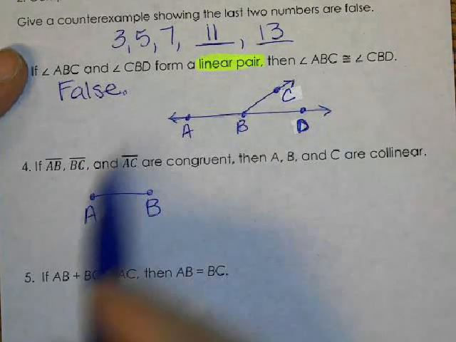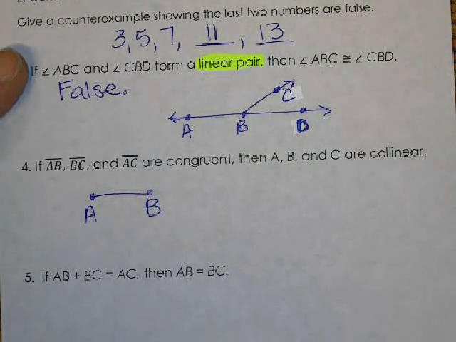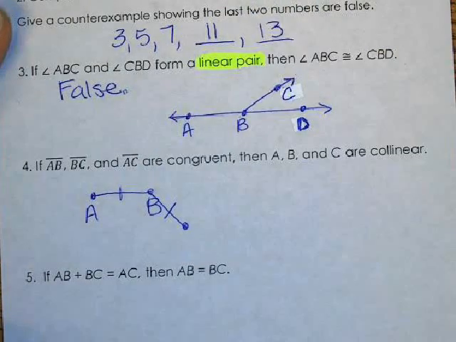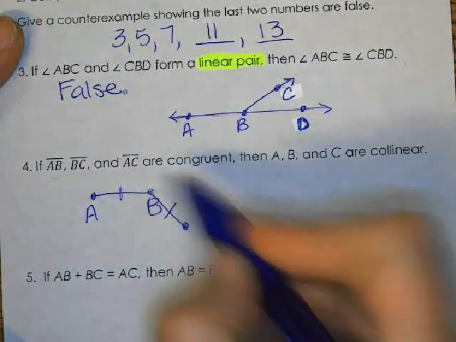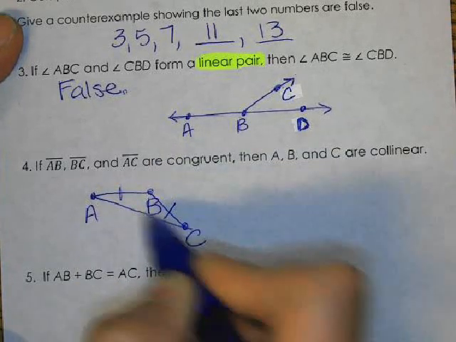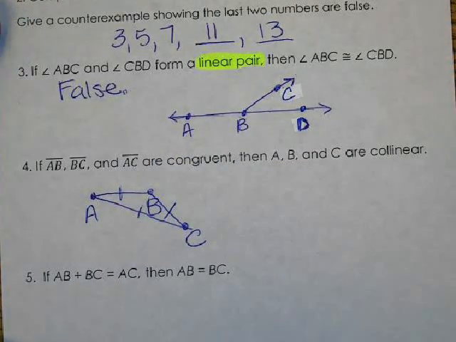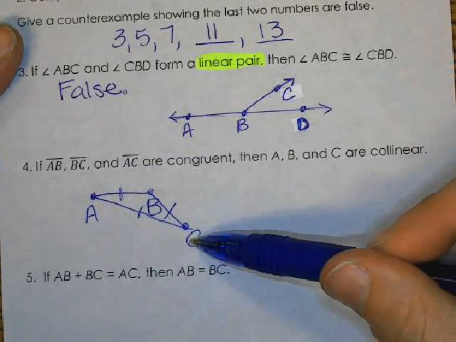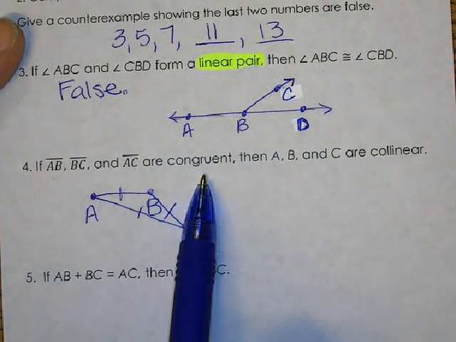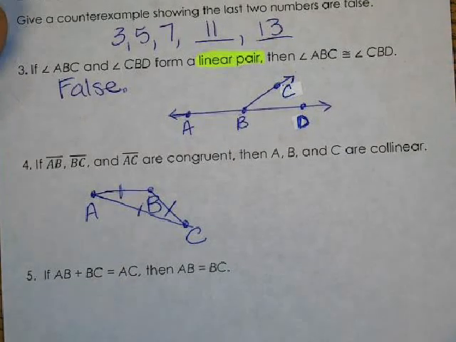Well, AB and BC are congruent, right? I could draw AB this way and then BC this way, and then they would be congruent but not necessarily collinear. And then here's AC. If I draw the line this way, I can pretend that all three of those are congruent. So they're congruent, but they're not necessarily collinear. That's my counterexample showing that AB, BC, and AC are congruent, but they're not collinear.